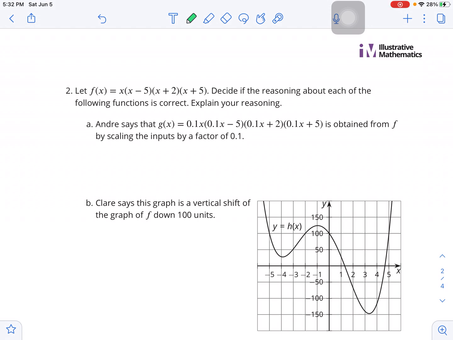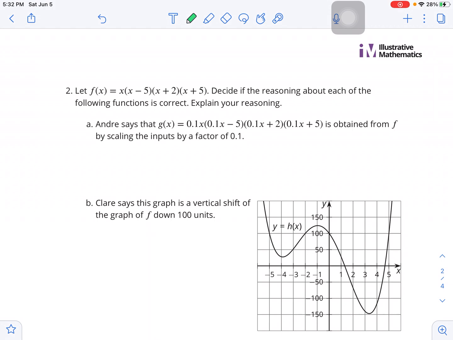So decide if the reasoning about each of the following functions is correct. So let's take a look. Andre says that g of x, 0.1 times x times the quantity 0.1 x minus 5 times 0.1 x plus 2 times 0.1 x plus 5 is obtained from f by scaling the inputs by a factor of 0.1.